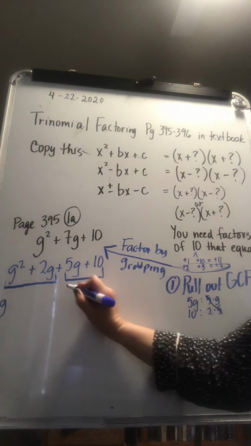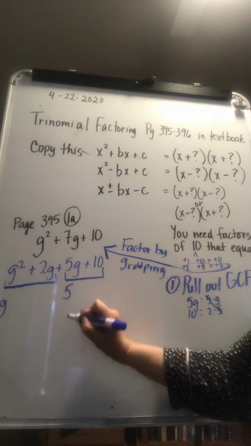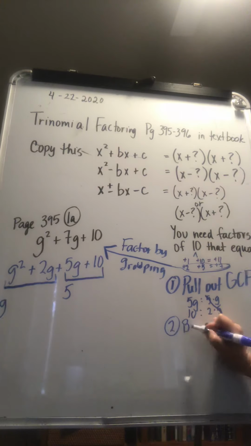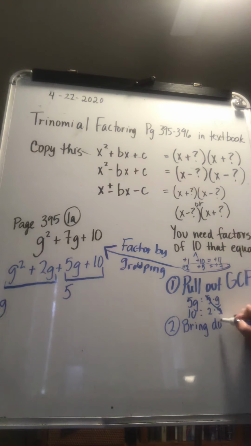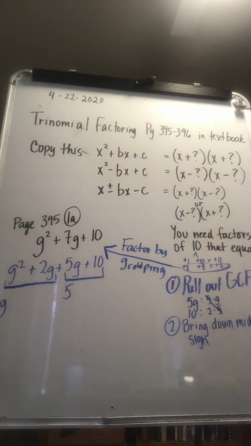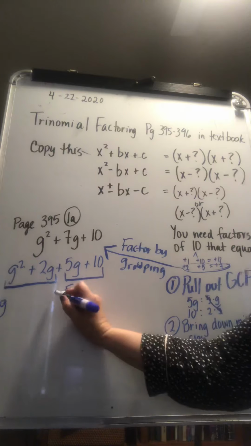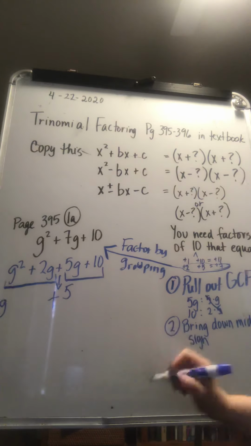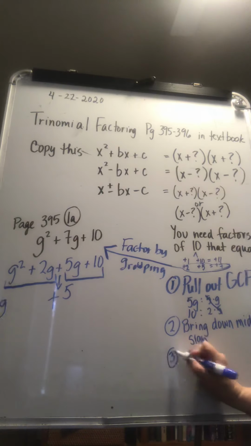They have 5 in common, so I'm going to pull out a 5. I'm going to bring down the middle sign. Okay, I'm bringing down the middle sign, which is my positive 5, so I brought that down. Okay, now I'm going to have my parentheses.